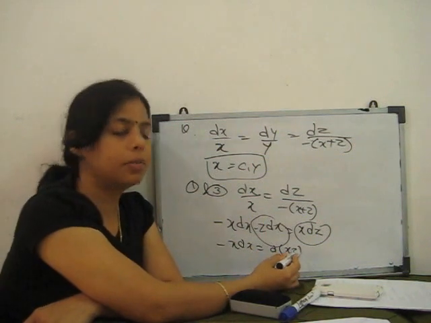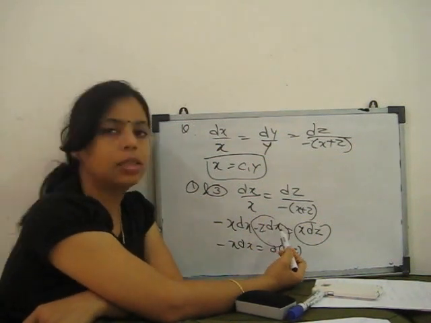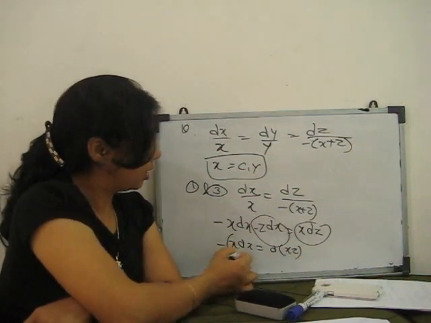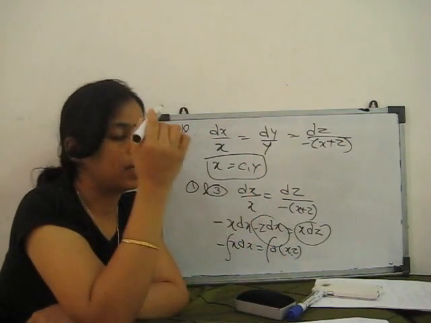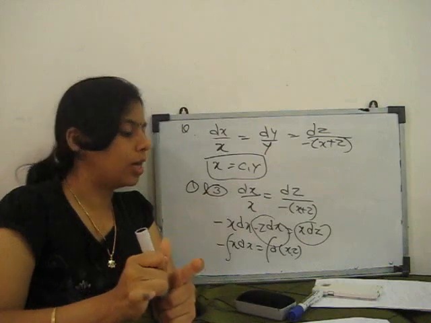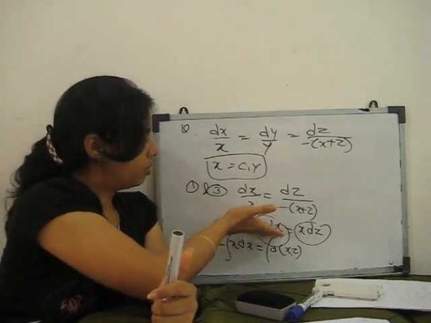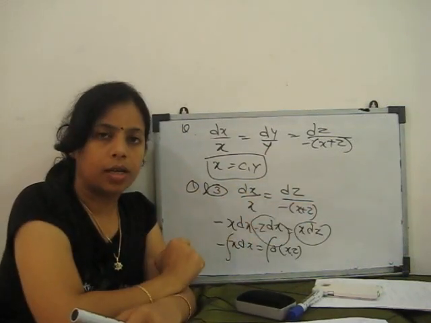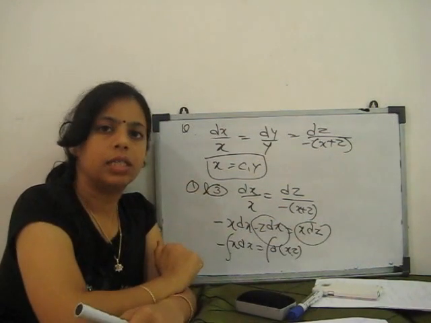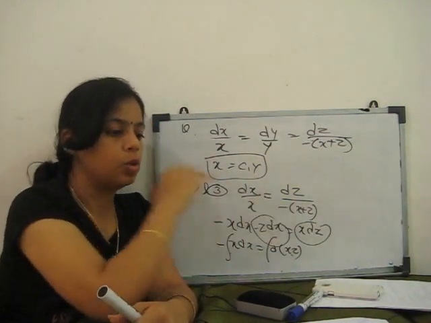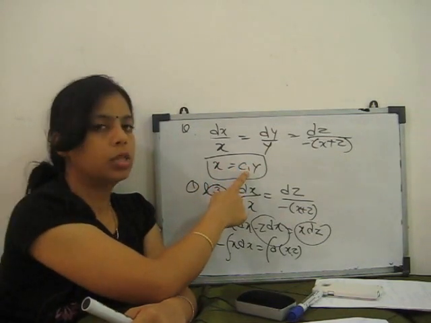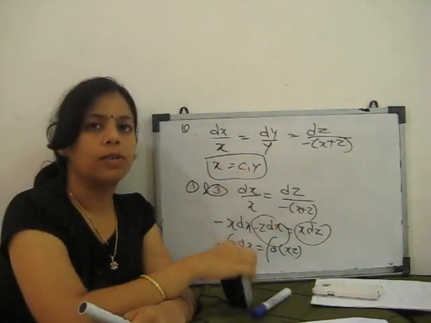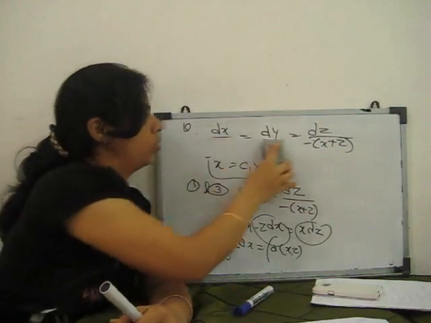Clear? d of xz means x dz plus z dx. When we integrate, this gives xz, and this gives x square by 2. So we will get the second constant. That is another trick: sometimes we merge two terms and convert into integrable form. Sometimes we can use this c1 for solving our c2. How? Just see here.